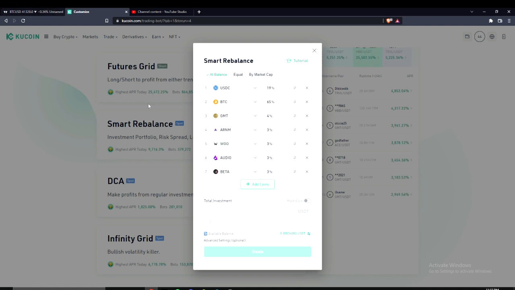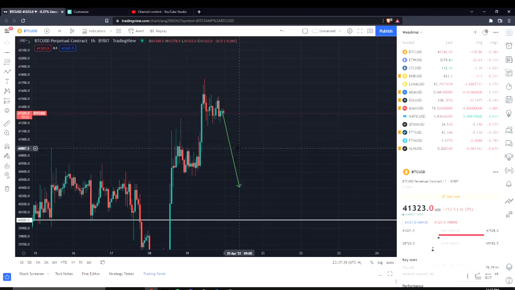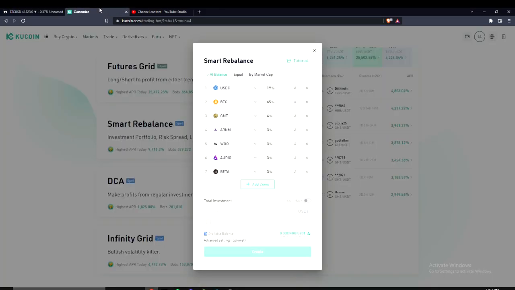Now, that's dandy and all, but wouldn't you rather it give you more money and automatically put the money into the more stable stuff as it goes up? So what'll happen is, let's say Bitcoin drops, USDC will actually take money, because USDC will no longer be 19%, now maybe it's 23%, and it'll put that into Bitcoin, and actually whatever else drops, because this is for all the coins.